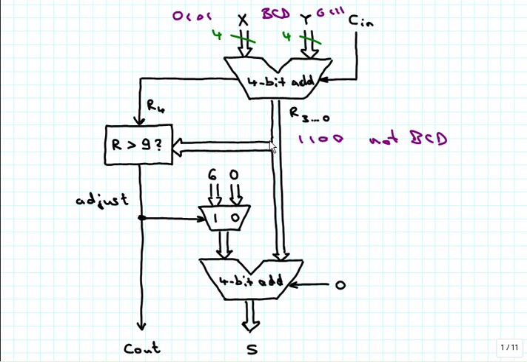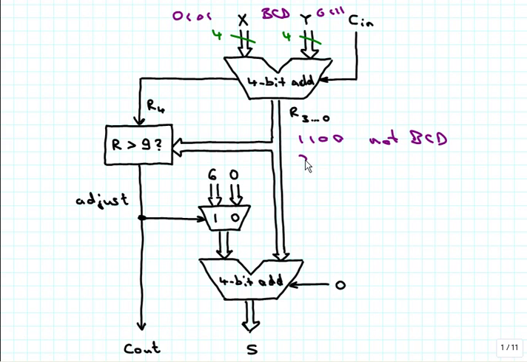What we generally do is check whether R3 down to R0, the result of this addition, plus the carryout, which makes a fifth bit, whether this R is greater than 9 or not. And if it is greater than 9, then we have to apply a correction. So in the case of the 12 here, the correction is that we have to add 6 to it.